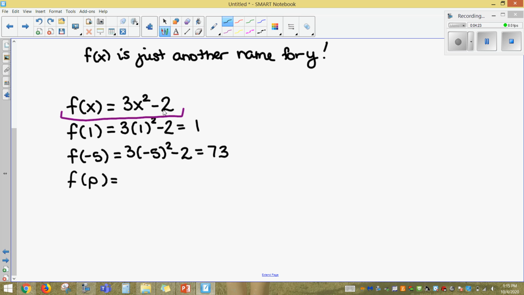That means I come up here to this expression, and every place there's an x, I replace the x with a p. Of course, I can't do anything more than this because I don't know anything about p, and these aren't like terms, so I would just have to say f of p equals 3p squared minus 2.